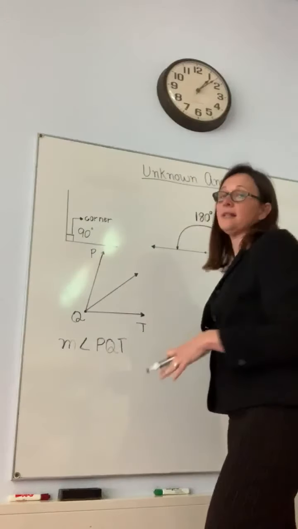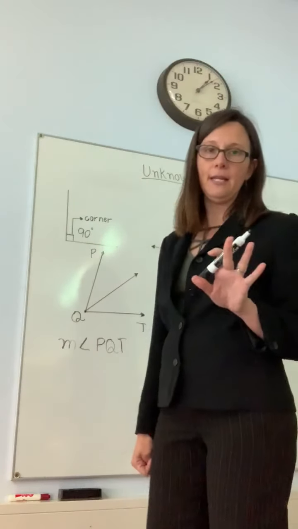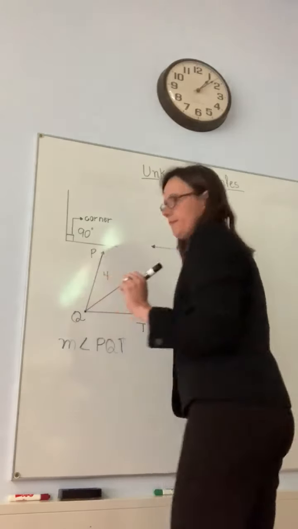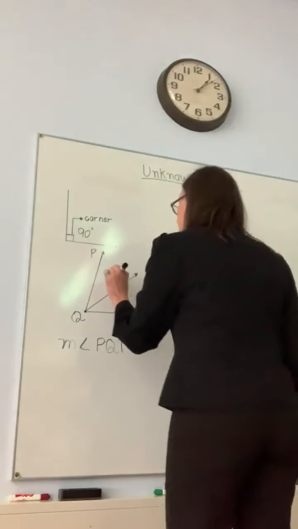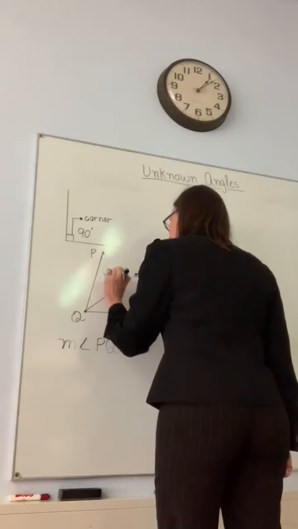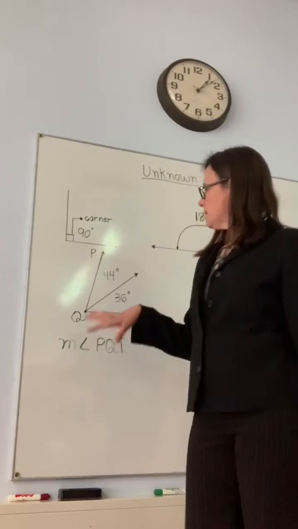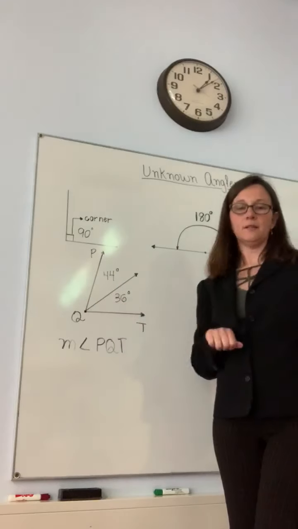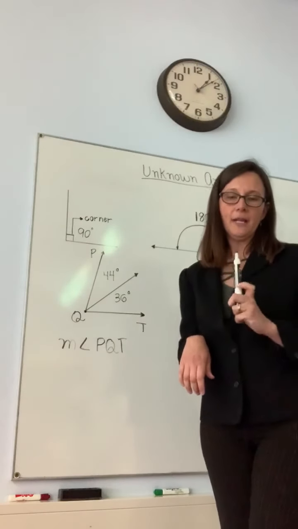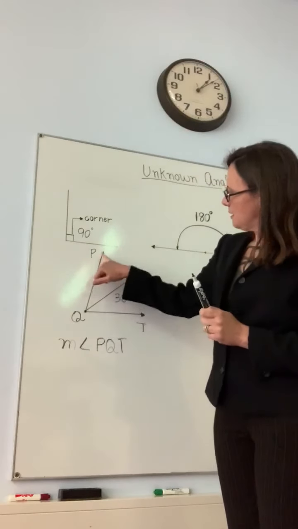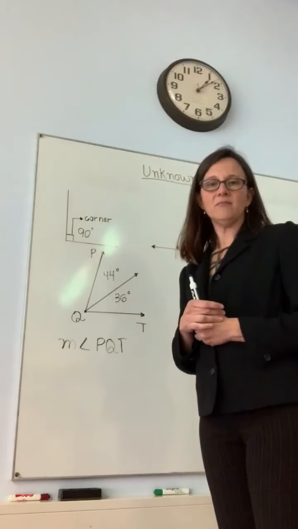So this one, like I said, we're just going to add, okay? So this one we have 44 and 36. This angle is a 44, this angle is a 36. First thing I want you to look at: does it look like a 90-degree angle?